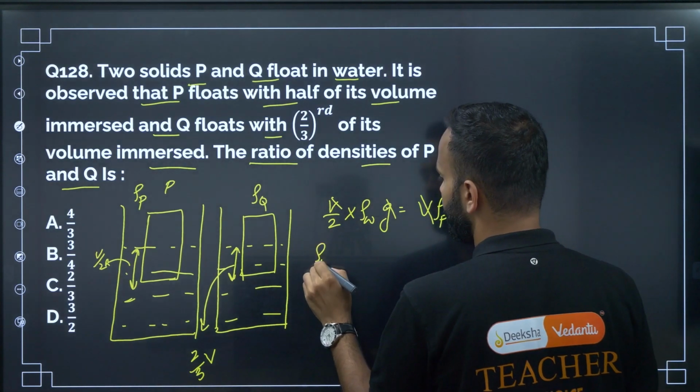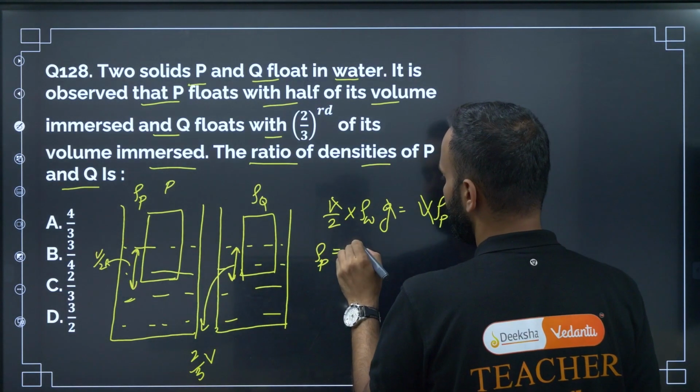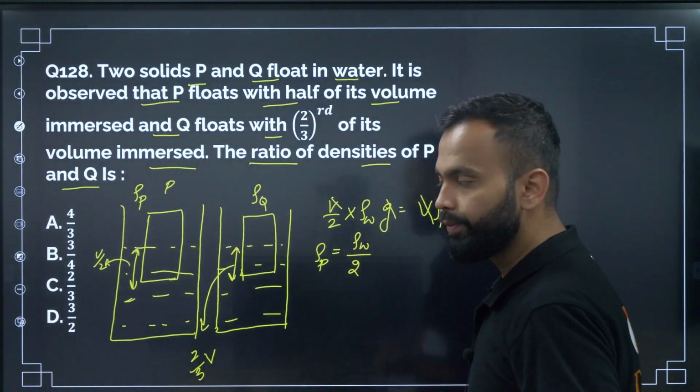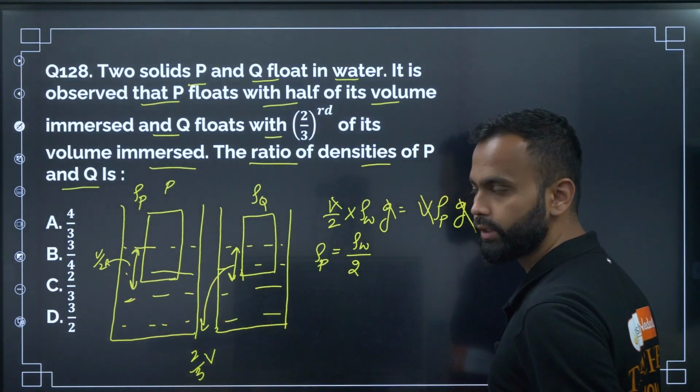So rho P, that is density of the material P, is equal to rho W divided by 2. Okay, now this is for the first situation.